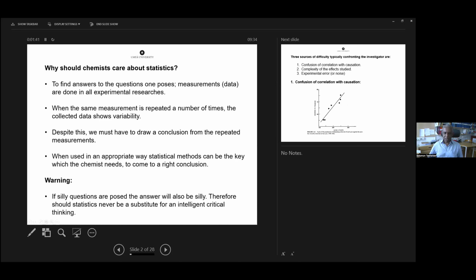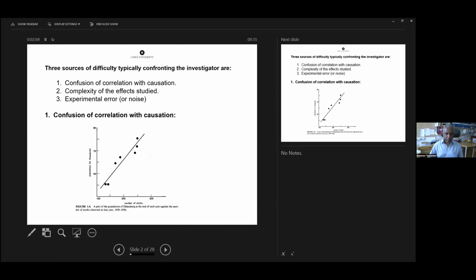Of course, we can see if something is changing with time and so on, but solely statistics cannot solve our problems. So we must know the subject, or what we are doing. The combination of statistics and knowledge in the subject is important.